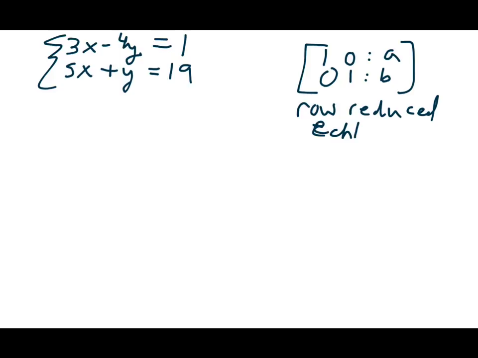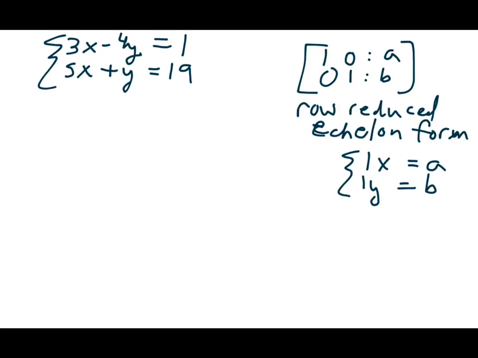I don't know how to spell echelon. So if you convert it back to a system, you can see that it would just be 1x equals A and 1y equals B, which is going to be your solution. Okay? So, first thing, convert it to a matrix. It's going to be 3, negative 4, 1, 5, 1, 19.